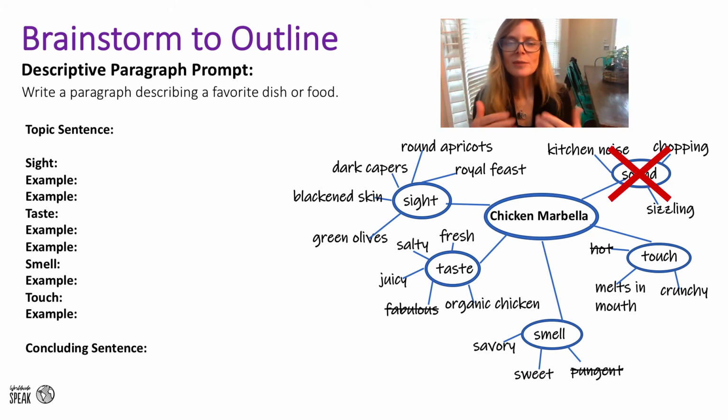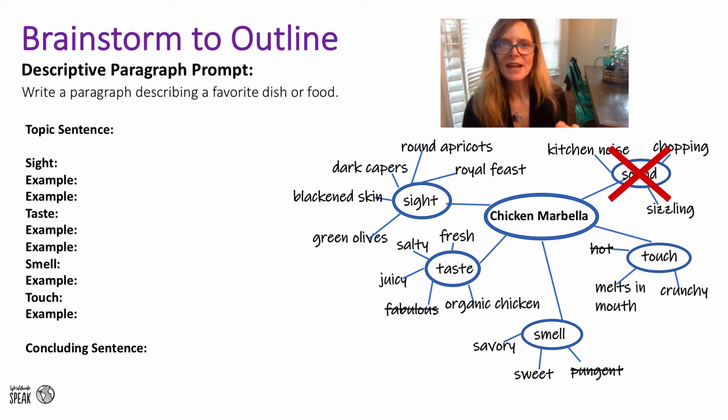This already begins that organization of ideas, but it's not as organized as your outline will be. So here, the favorite dish in the center is the chicken marbella. And then the senses we want to hit are sight, taste, smell, touch, and sound.